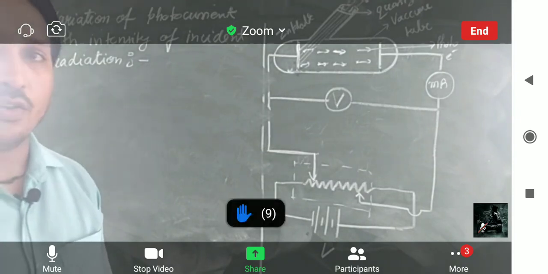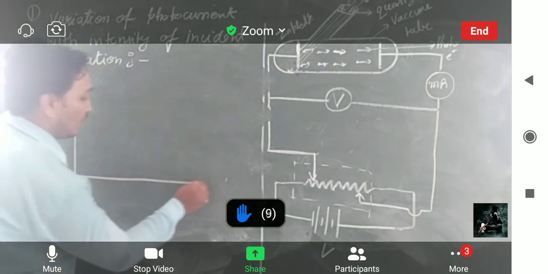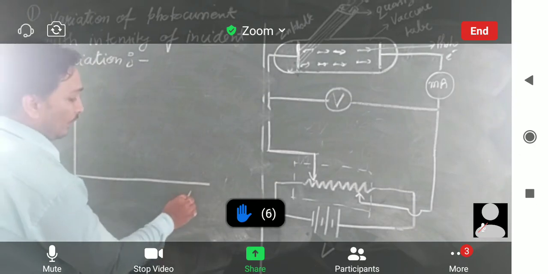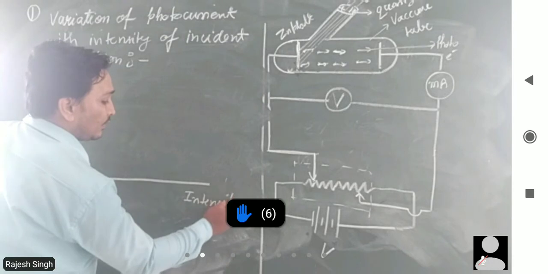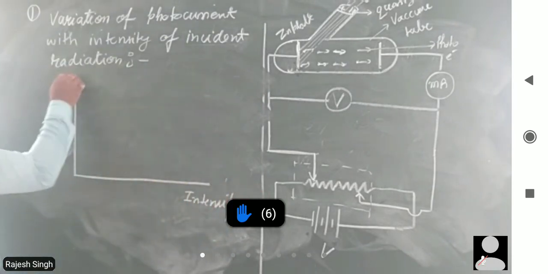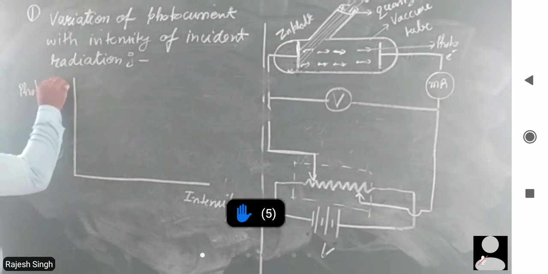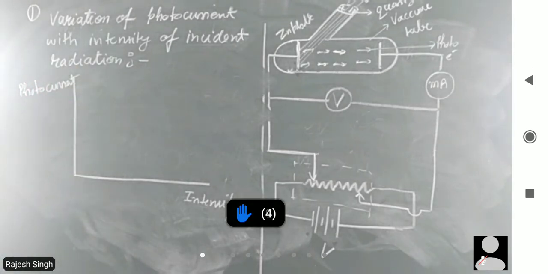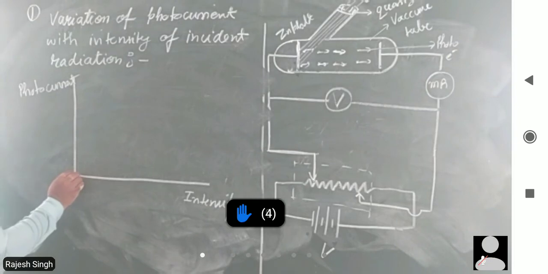Okay, good. Now this is a pure practical thing. What we observe, if we put intensity on the x-axis and photocurrent on the y-axis, is that with increase in intensity, photocurrent increases.